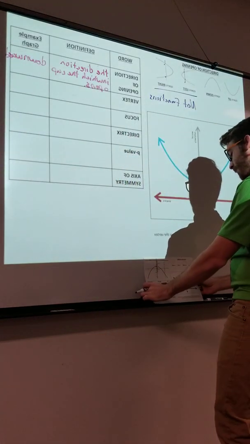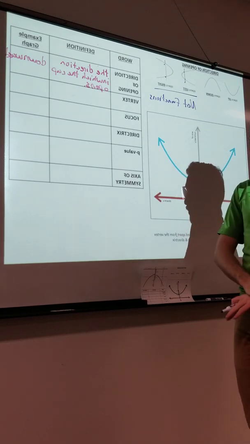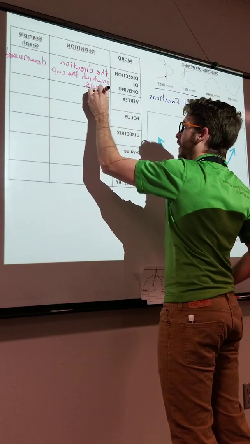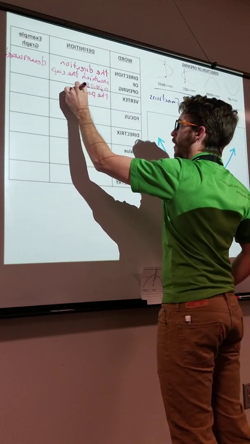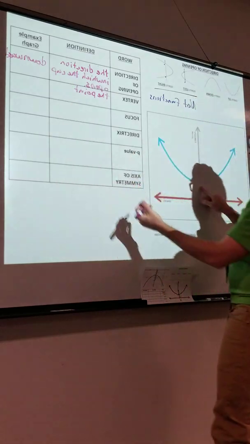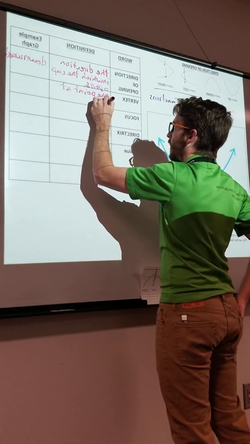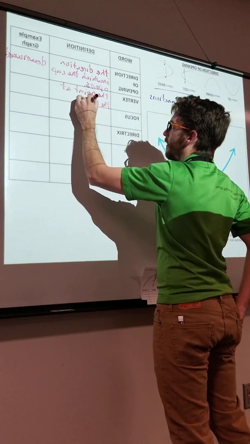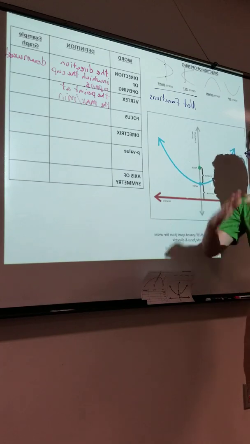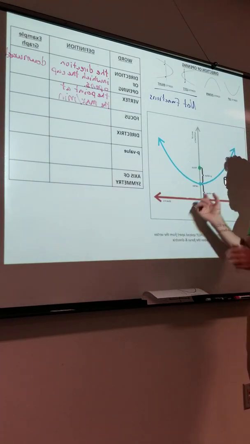Okay, now the vertex is the exact same. Once again, I don't have to do anything. It's just the point at the max/min. So it's just that idea of the very top, like absolute value, or that very bottom, same thing.